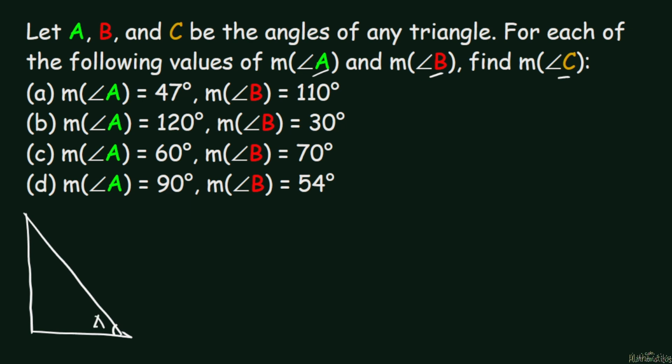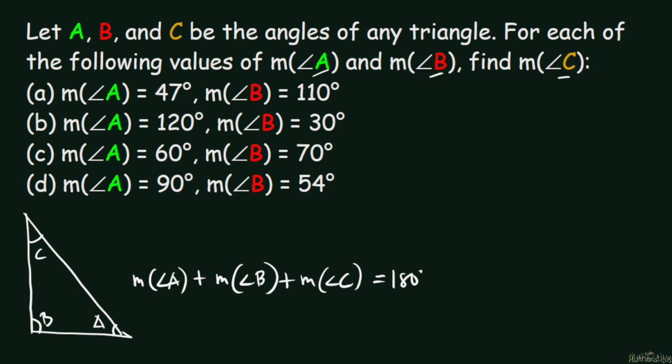So say this is A, B, and C. From the theorem that the sum of the angles of a triangle is equal to 180 degrees, the measure of angle A plus the measure of angle B plus the measure of angle C, their total, is equal to 180 degrees. The sum of the angles of a triangle is equal to 180 degrees.